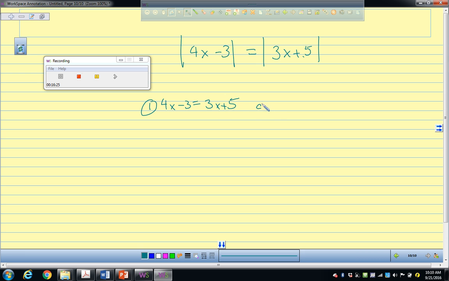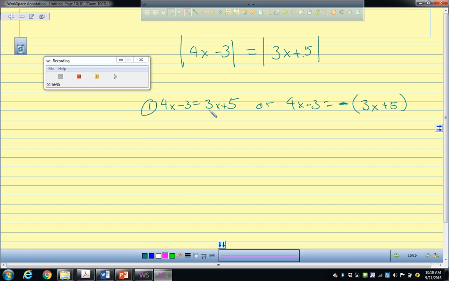The other case is or 4x minus 3 is going to be equal to the negative of what's inside the box. But you have to be careful because what's inside the box you have to distribute through that negative sign. See what I'm saying? So it's either 4x minus 3 is equal to this, which is easy to solve.